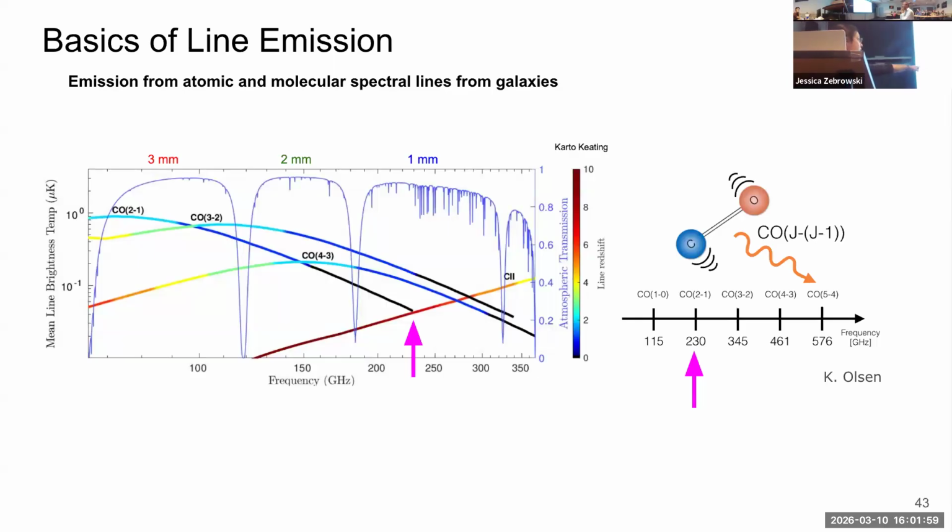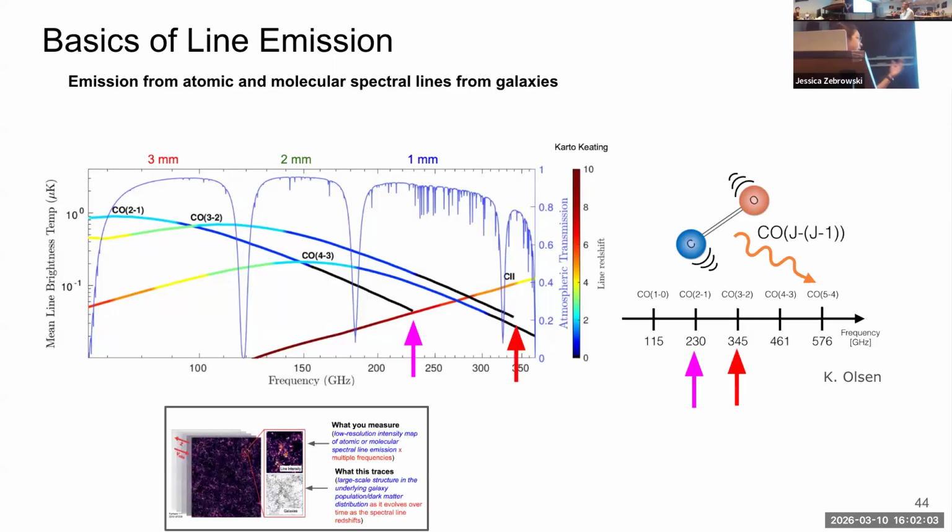You can see there at 230 gigahertz is CO 2-1. Likewise, CO 3-2 at 345 gigahertz, redshift 0, you can see it on the plot with the red arrow. If you make a map at these two frequencies, you're getting the rest frame. But if you go a little bit down in frequency, you are now looking back in redshift. That is why you make these measurements at multiple frequencies: you trace these lines over time as the line redshifts.